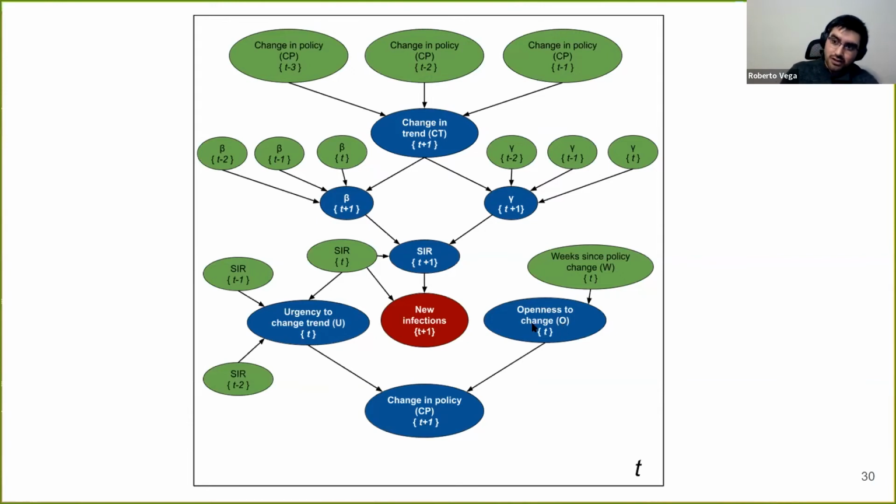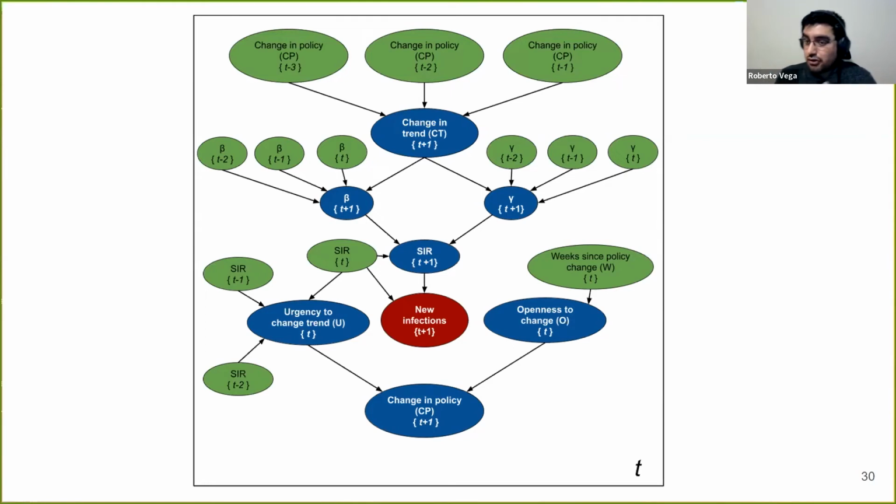Now, it not only depends on when was the last time that you applied the policy, it also depends on how urgent it is to change the trend. And the intuition behind this node is that it depends on two things. The first one is the number of cases that you have, and the second one is the speed at which they are increasing. So for example, if you have a lot of cases and they are increasing very, very fast, well, then the urgency is big.